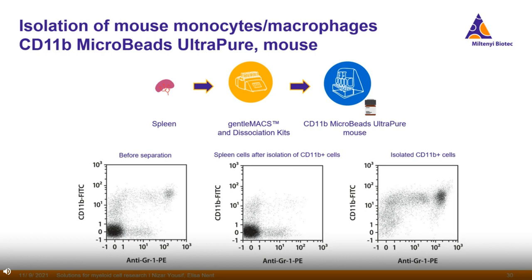The first dot plot shows the cells before separation. The second dot plot shows the flow-through without the CD11b positive cells that are retained in the column, and the third dot plot shows the isolated CD11b positive cells.